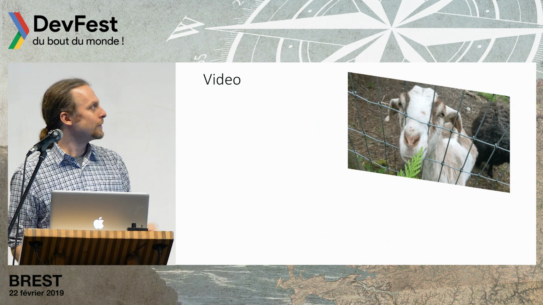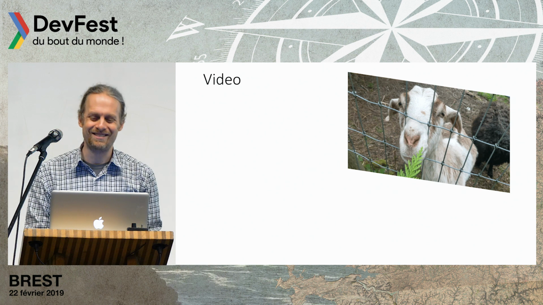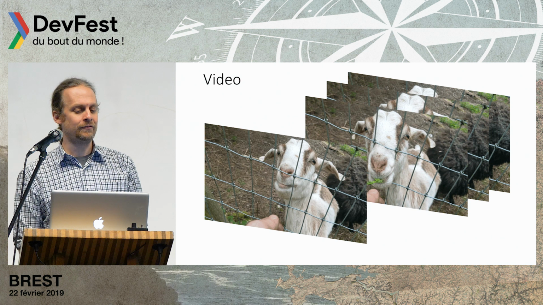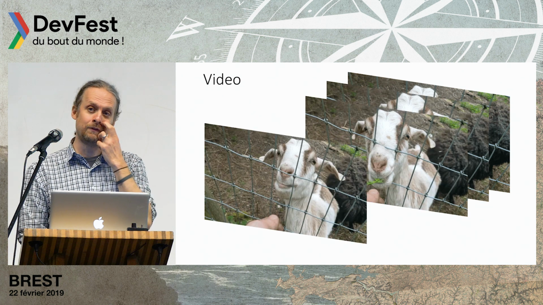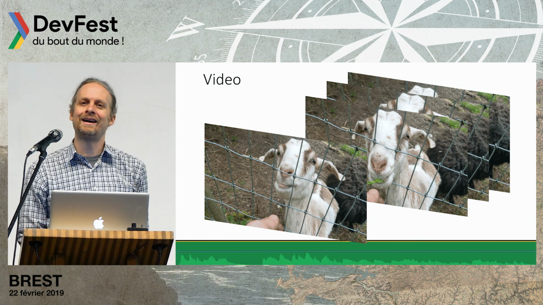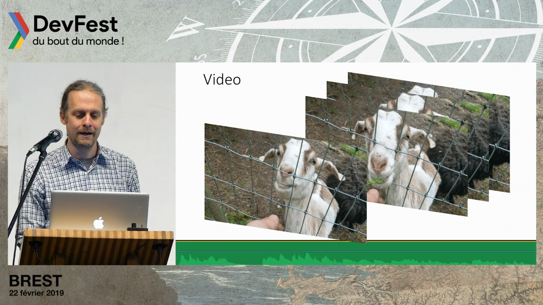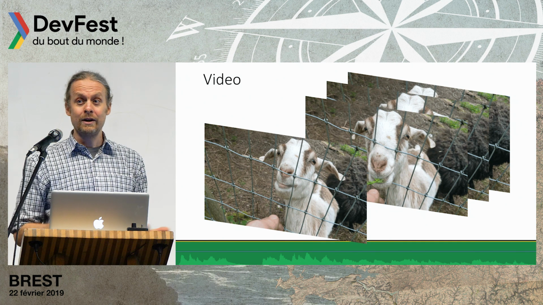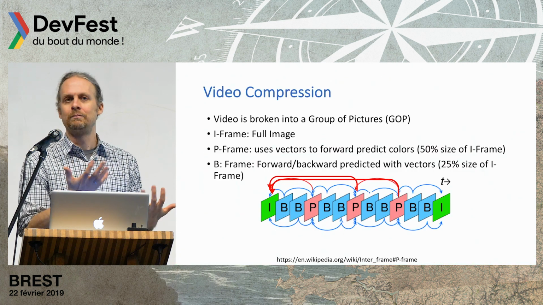When you start off with video, this is Nora, another one of our goats back in Seattle. Video ends up with all these files, in order. It's picture over time, and we've got an audio track that runs along as the video's playing. But what's great about video is that over the years, there's all this great compression that's been built out there.